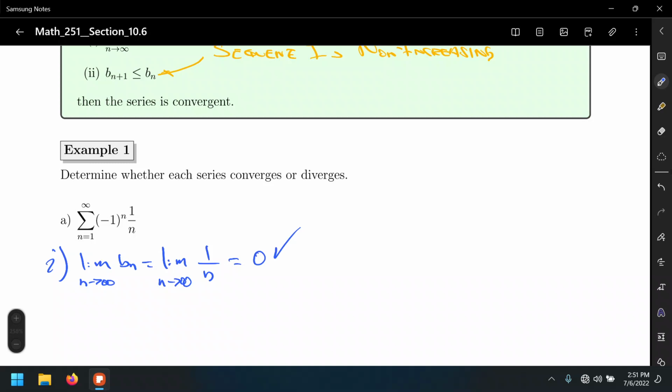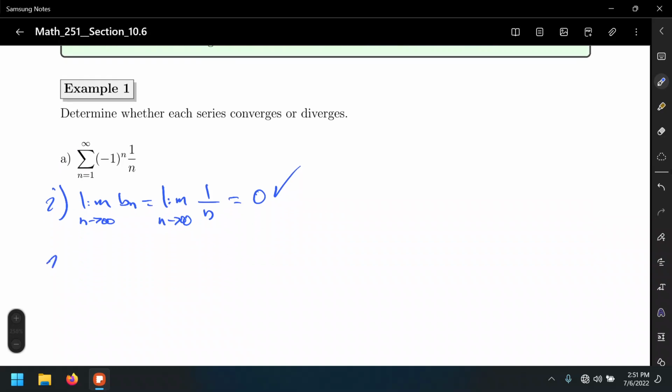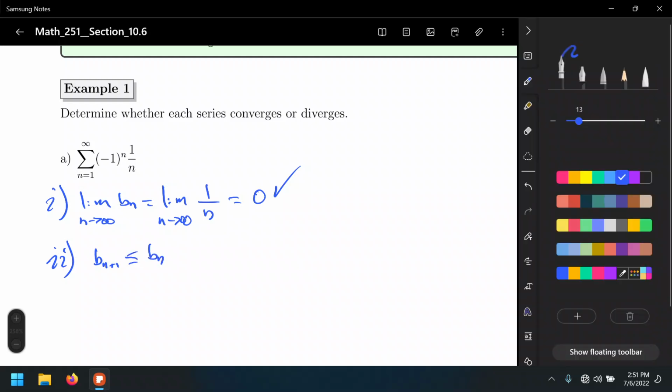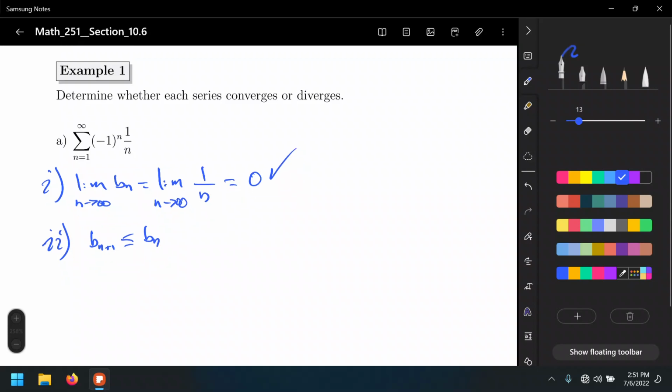Second condition: is b sub n plus 1 less than or equal to b sub n? Well, b sub n is simply 1 over n. And b sub n plus 1 in the subscript means that we need to change every single n in our sequence with n plus 1. That's going to turn this into 1 over n plus 1.